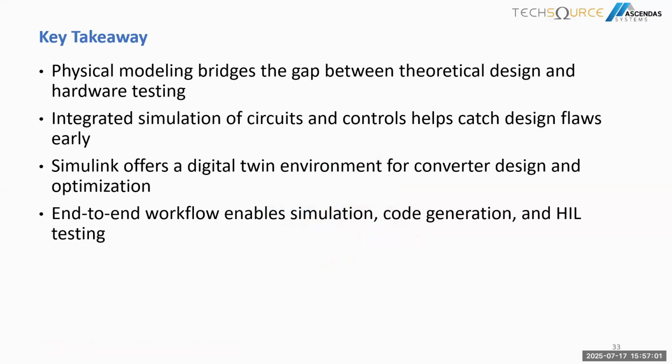The Simulink environment helps to offer a digital twin environment to convert our design and optimize it. And we have also shown you today that there's an end-to-end workflow that enables simulation, testing, verification and validation, code generation, and eventually HIL testing, and finally hardware deployment.